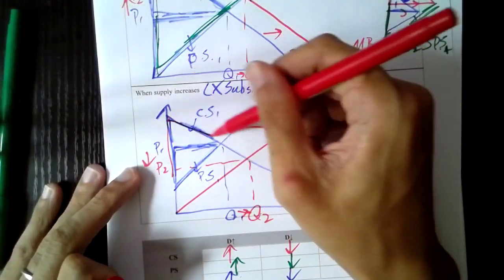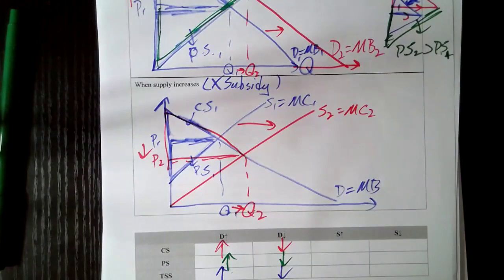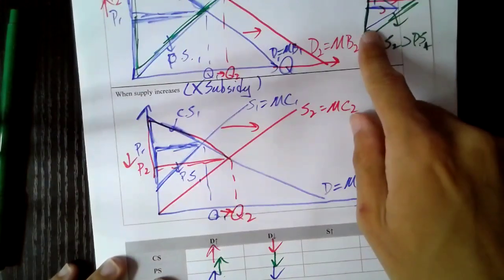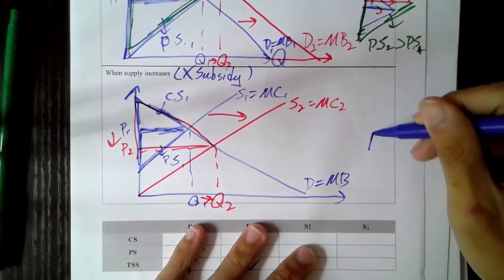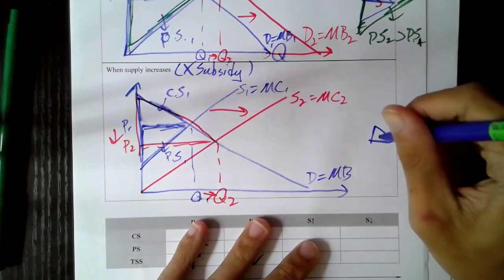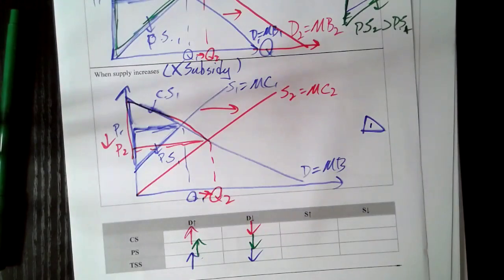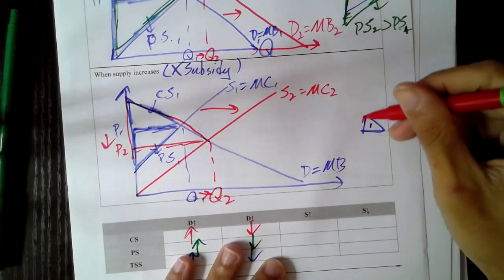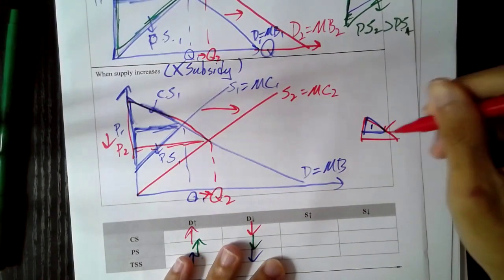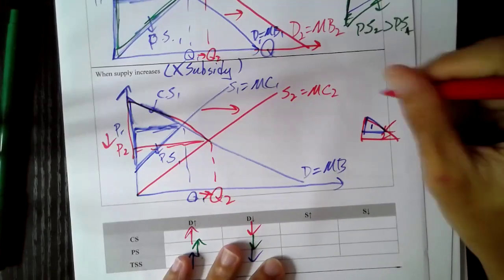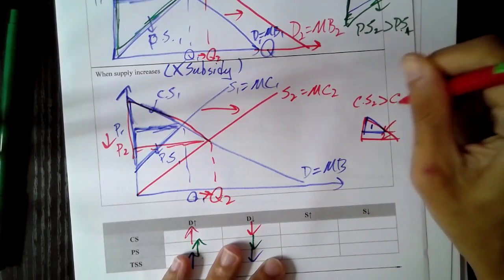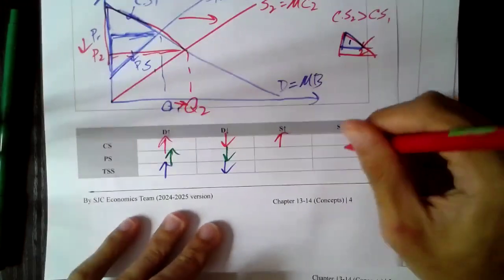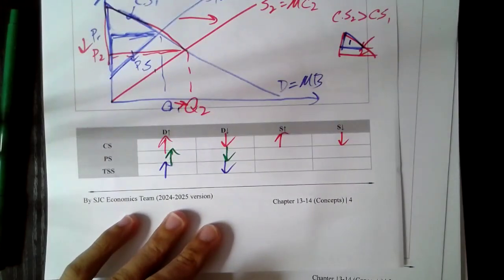Definitely you will see this is our consumer surplus 1, and this is our consumer surplus 2. You will see consumer surplus 2 is larger than consumer surplus 1. So here, increase, and of course, you can expect this would decrease as well, right?